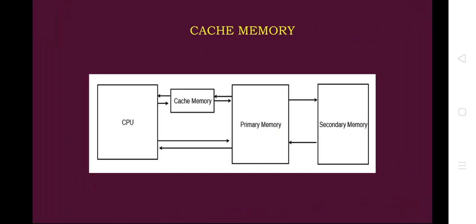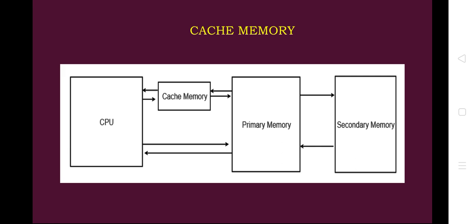Let us see how the cache memory is placed in between the CPU and the memory. You can see here we have secondary memory, primary memory, cache memory and the CPU. We know that secondary memory is the slow memory, which is the backup memory, and primary is the main memory, and the CPU accesses the primary memory in order to do any functions. So in order to do the functions, the CPU has to access the primary memory for all the data and instructions needed.